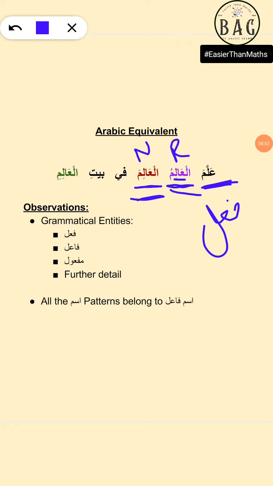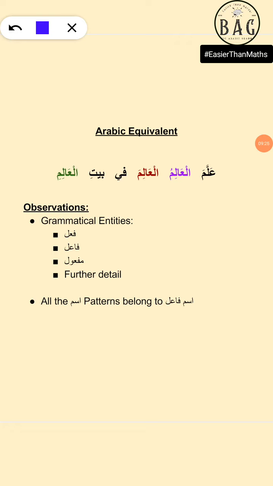Over here it's alim, here as well it is alim. It means that the word itself doesn't change. Why? Because it is on the pattern of fa'il, and the pattern fa'il is to show a doer. Just as the word teacher means someone who teaches, al-alimu is someone who knows or knows too much, so a scholar.